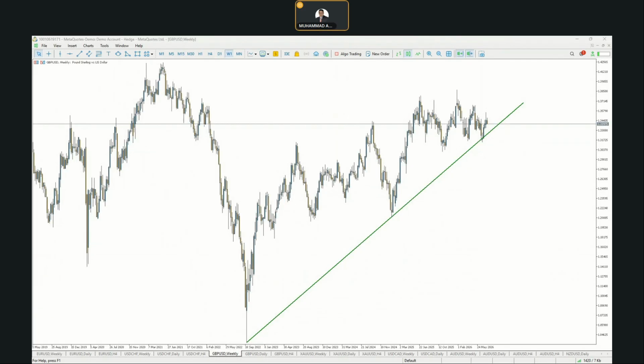Following the release, GBPUSD moved higher as traders responded positively to the stronger than expected economic growth data. The stronger GDP reading boosted confidence in the UK economy, strengthened the British pound, and increased the expectations that the Bank of England could maintain a relatively firm monetary policy stance.